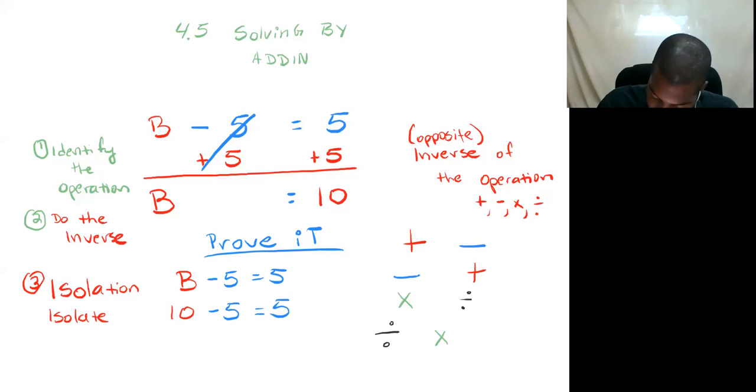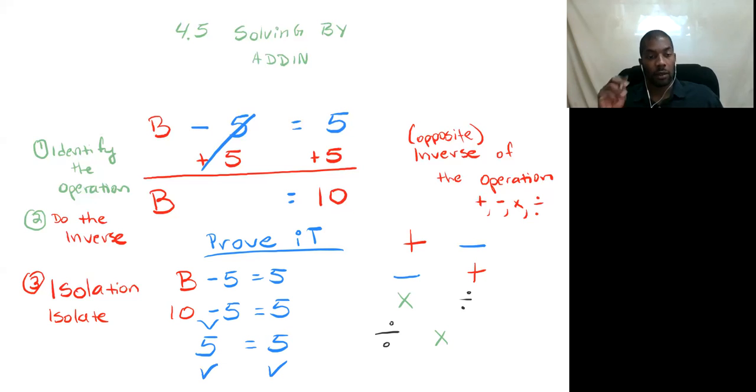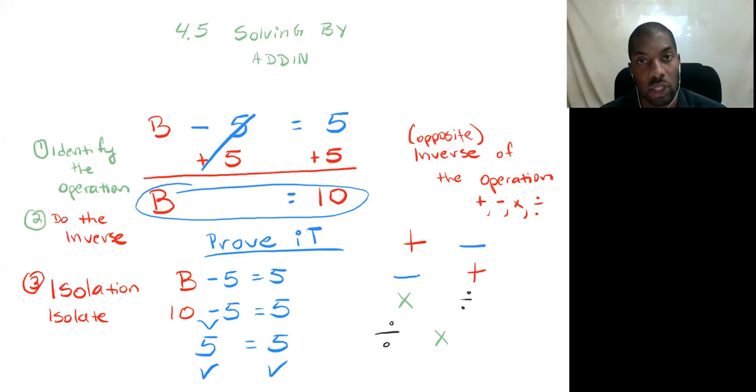And what does 10 minus 5 equal? Well, 10 minus 5 is 5. Does 5 equal 5? Yes, it does. There you go. Does 5 equal 5 on both sides? Yes, it does. It is true. Therefore, b does in fact equal 10. And now I have solved my problem using addition.